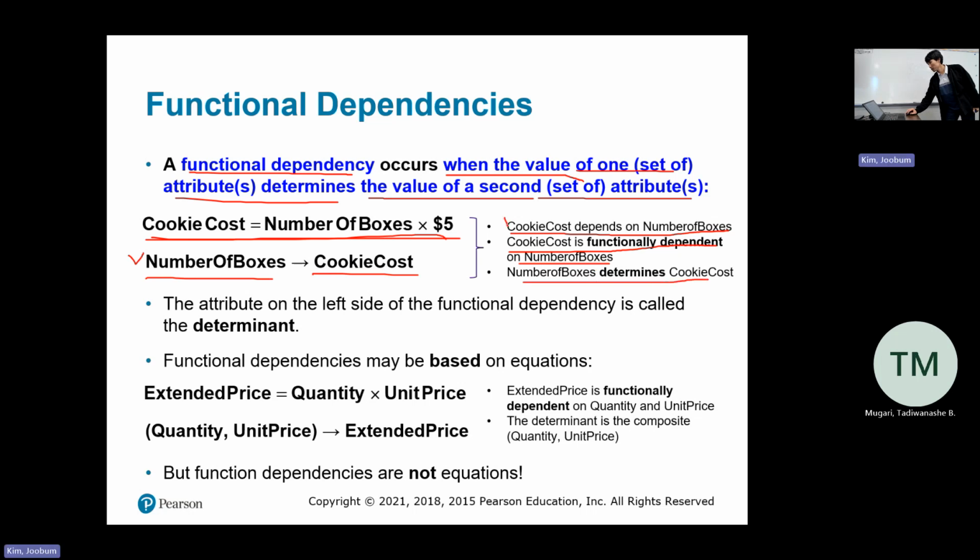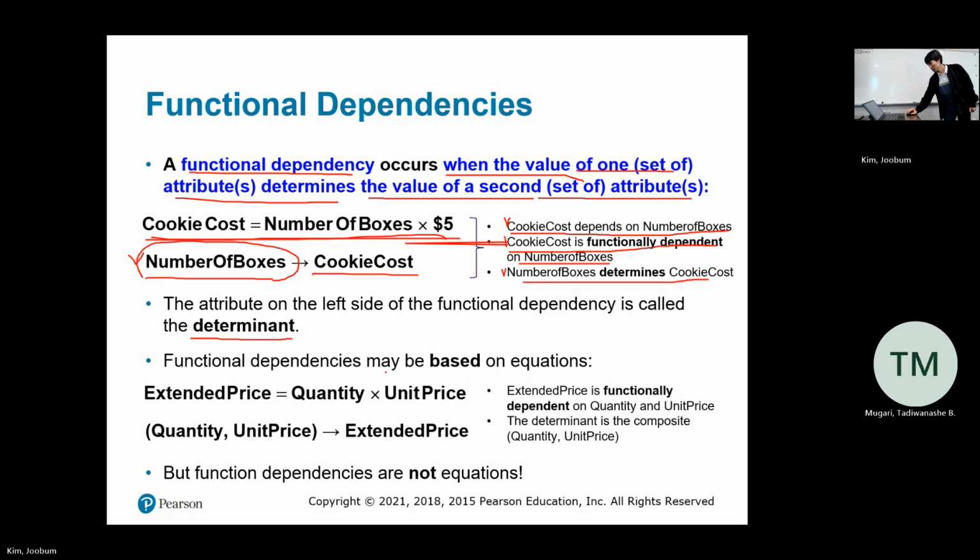The same description, just the same meaning. Make sense? Okay. And the left side of the functional dependency, in this case number of boxes, is called the determinant. Number of boxes is the determinant of cookie cost.